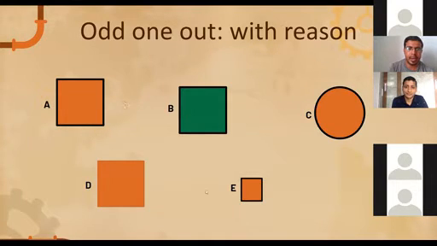Similarly, A, B, D, E I am grouping because all are squares, so C is out. And A, B, C, D I am grouping because they are bigger in size compared to E. So I can figure out that B, C, D, and E are odd one out depending on some criteria. But I can't figure out any criteria to make A odd one out, right? So in that way, A is odd one out because I am not able to make it odd one out.